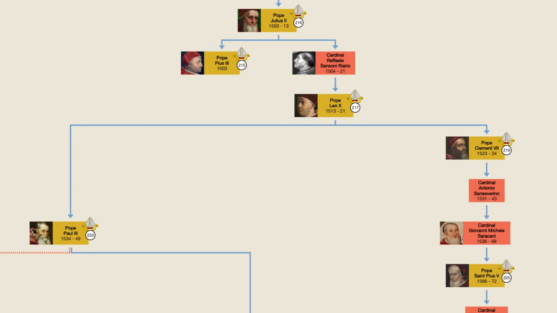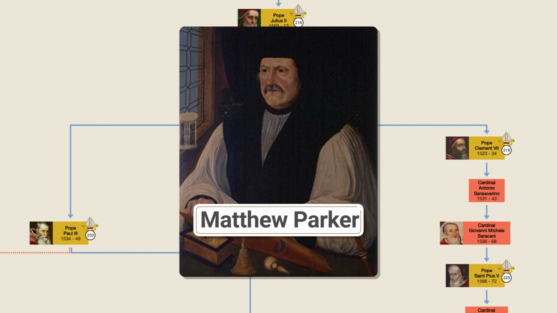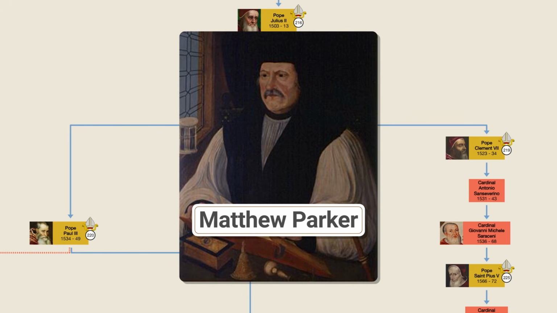So basically, 1440 is as far back as any current Catholic bishop can go in terms of their episcopal ancestry. However, Anglican bishops can actually go a bit further. You see, all Anglican bishops today trace their lineage back to Matthew Parker, who in 1559 became the first Archbishop of Canterbury under the Elizabethan settlement, which is when the Church of England permanently separated from the Catholic Church.